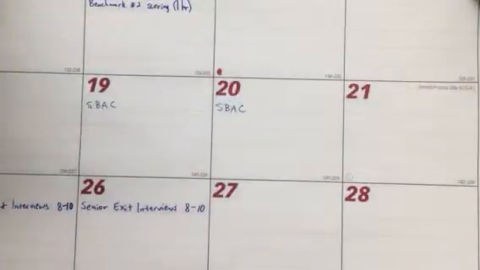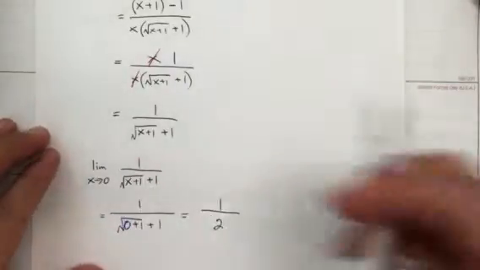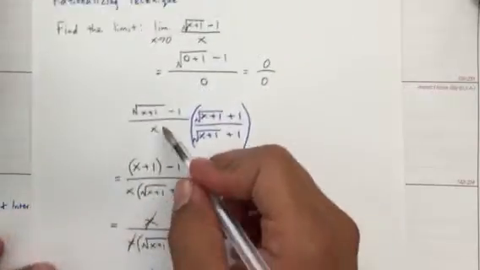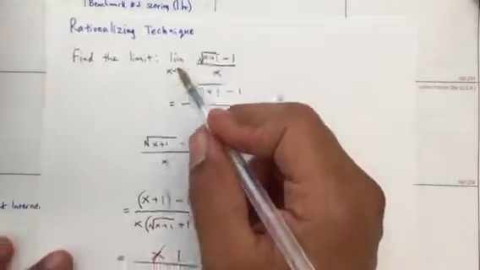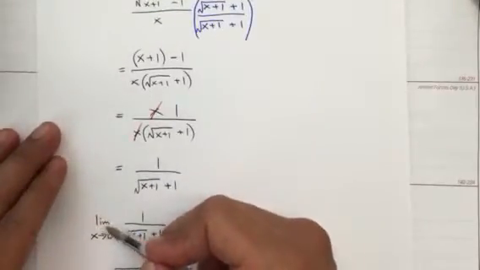What they mean by that is pretty much to come up with something like this. This is another expression or function that is the same as what you started with. It gives you the same outputs except for when x is equal to 0.